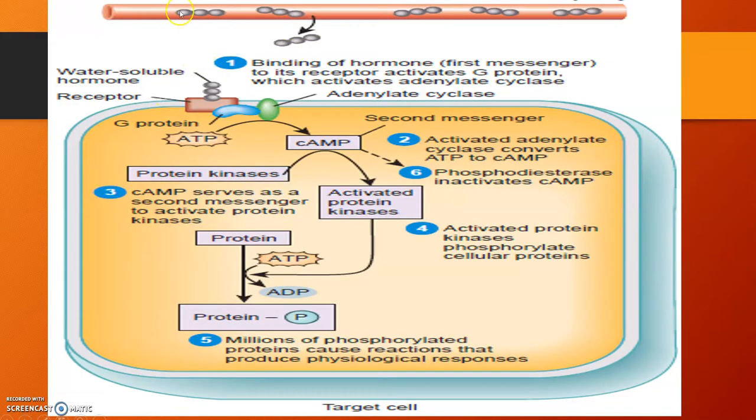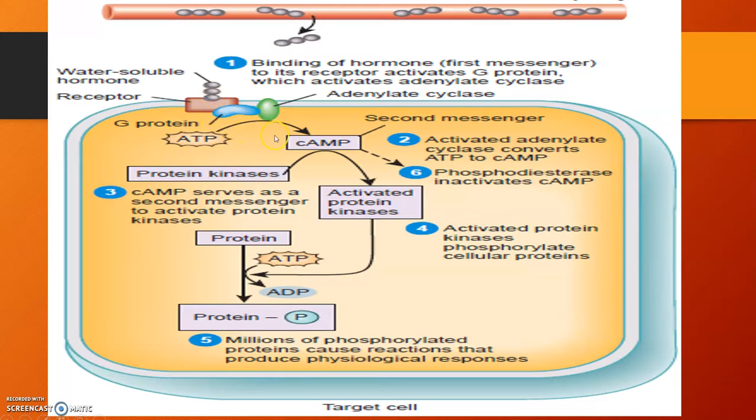Here we have the freely circulating water-soluble hormones. The minute they come across their target cell, the hormone binds to its receptor, which is present in the cell membrane. The minute it binds to the receptor, there is activation of G protein.